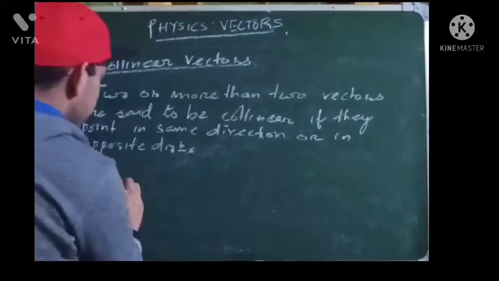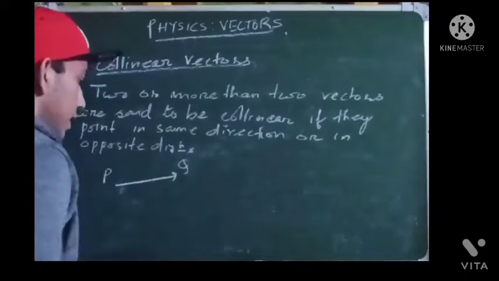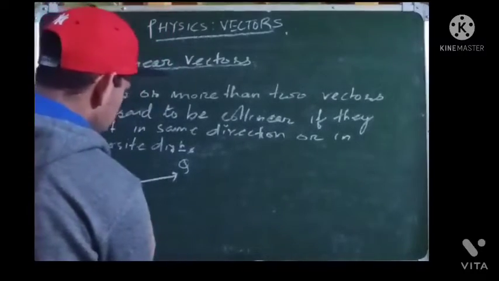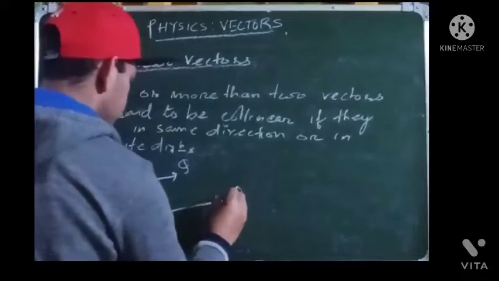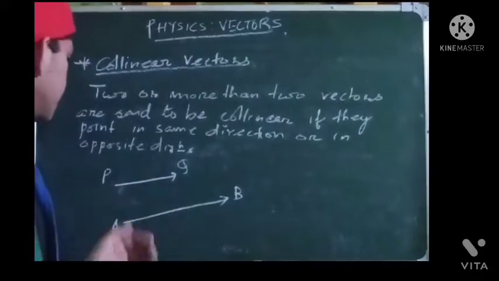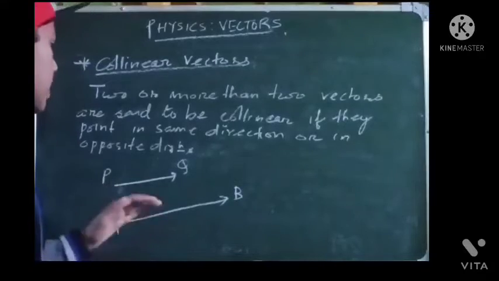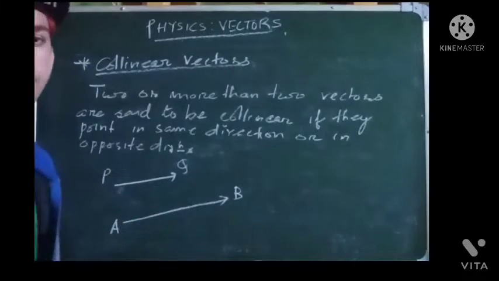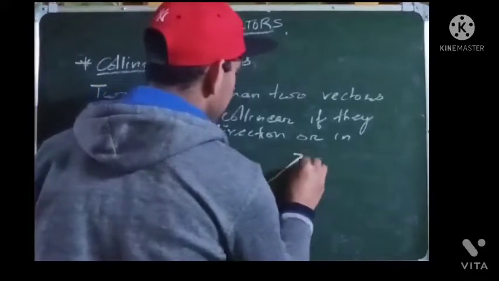For example, let us take this vector PQ vector, and let us take another example, this AB vector. These two vectors are parallel to each other and pointing towards the same direction. So these PQ vector and AB vectors can be termed as collinear vectors.